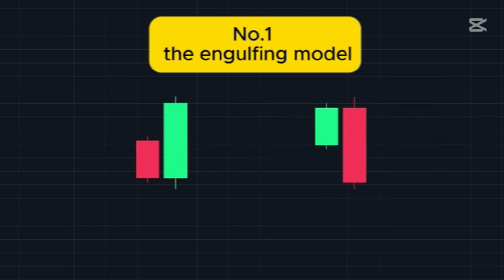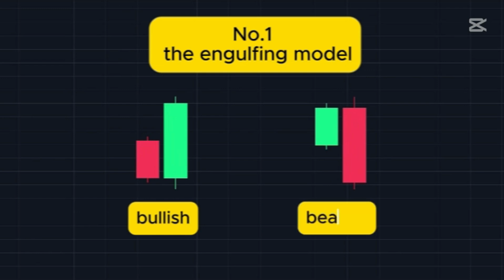There are 2 types of engulfing patterns. A bullish engulfing pattern, when the smaller candle is red and the larger candle is green. And a bearish engulfing pattern, when the smaller candle is green and the larger candle is red.